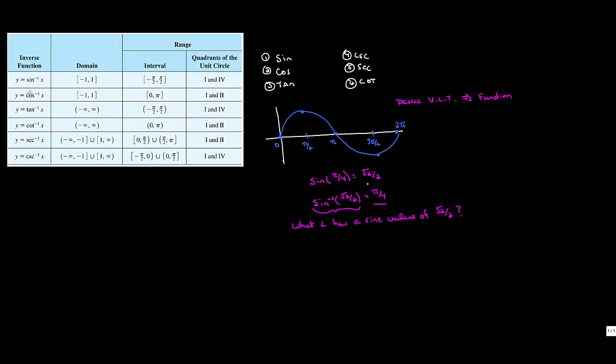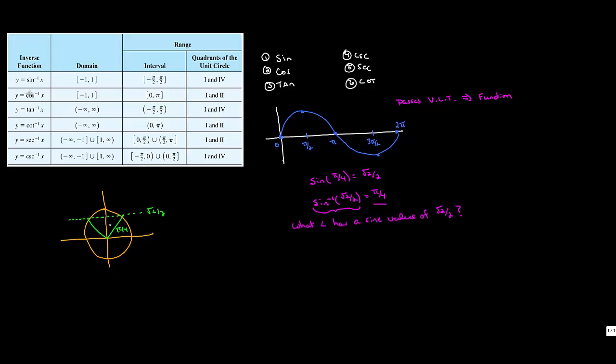Now, you might say, well, wait a minute. There's a whole bunch of these answers. There's a whole bunch of angles that have a sine value of square root of 2 over 2. For example, if I just take a look at the unit circle, and I grab a height value, close enough, of square root of 2 over 2, well, here's one angle at pi over 4, but look, here's another angle over here.